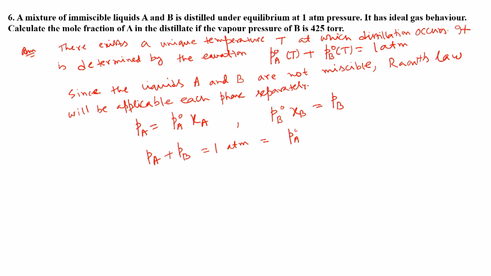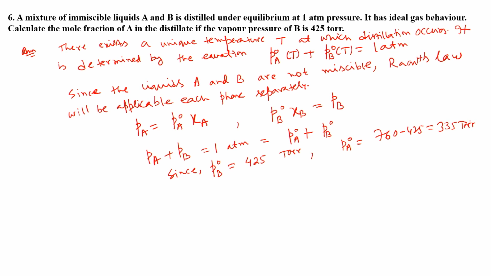So we get PA naught plus PB naught, right? Since the value of PB naught is given, PB naught is 425 torr, so PA naught will be 760 minus 425, which gives you 335 torr.